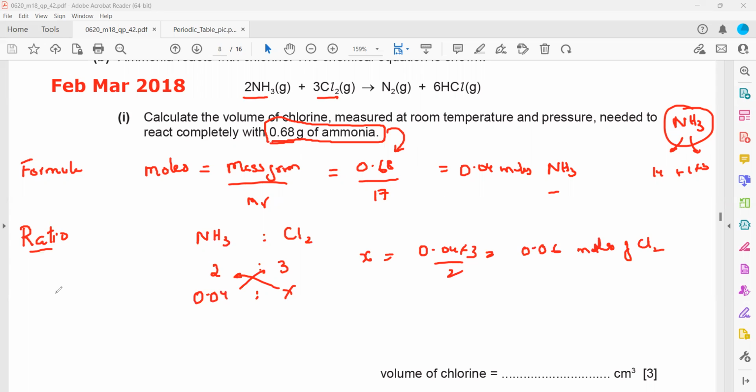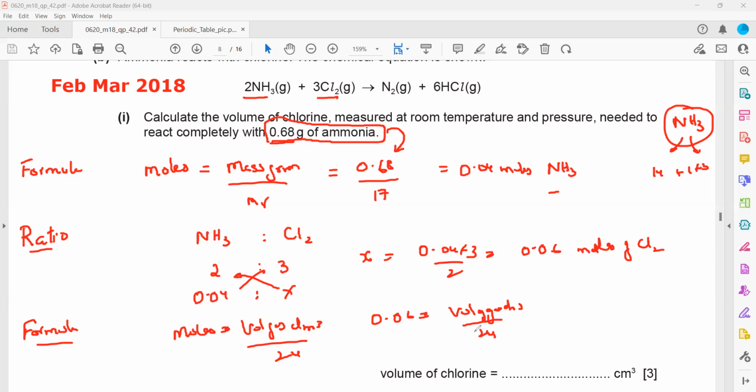And now to get the volume, we use the third step, a formula. Moles equals volume of the gas in decimeter cube divided by 24. We have the moles of chlorine, which is 0.06. The volume of the gas, which we are finding, is in decimeter cube, divided by 24.